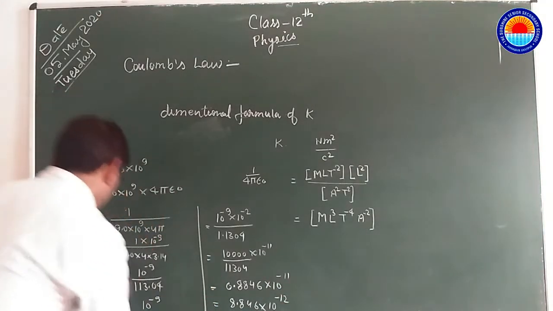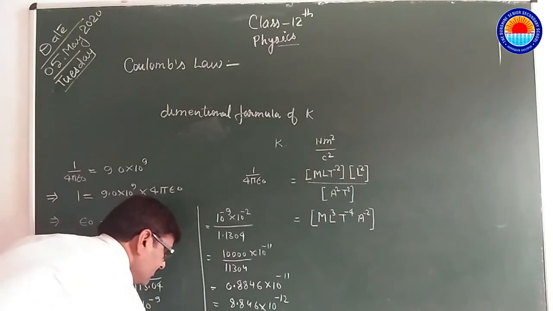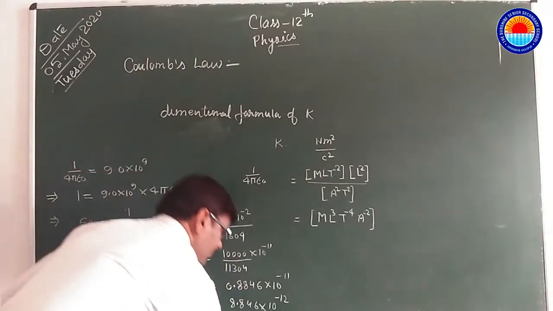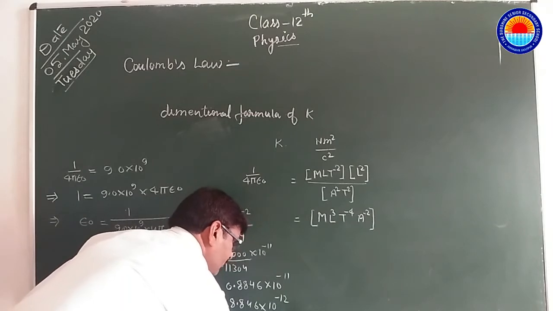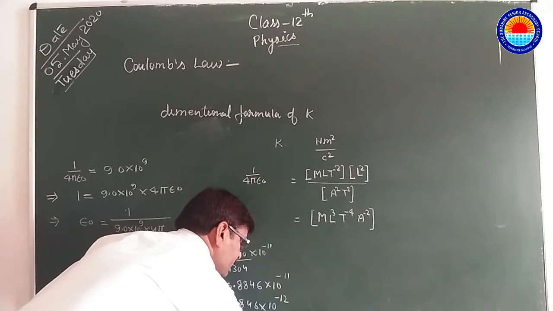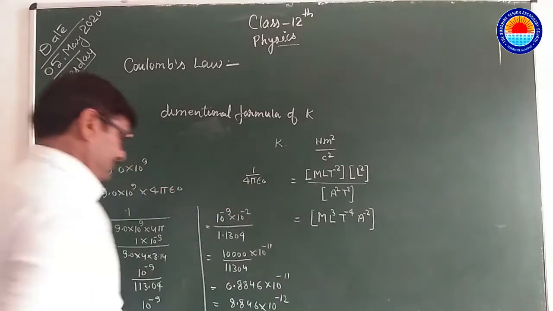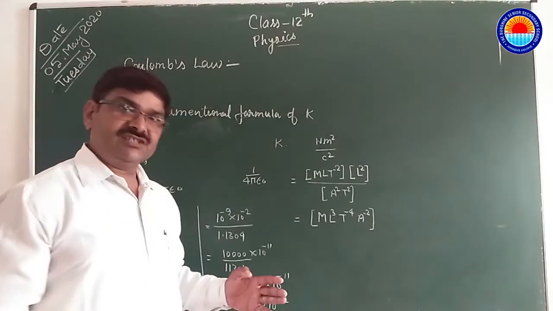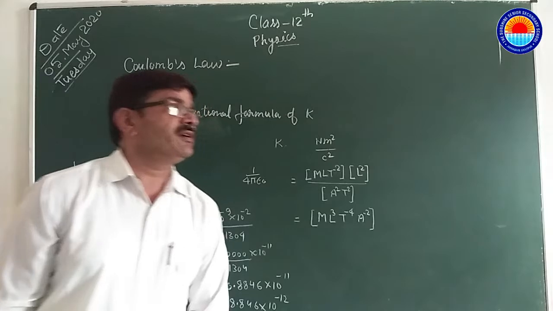This is the value of epsilon naught, and its unit is Coulomb square per Newton meter square. If you want to take a screenshot, you may take it.